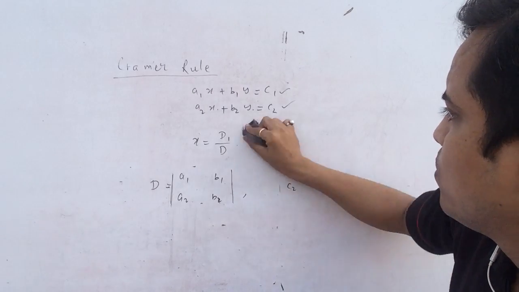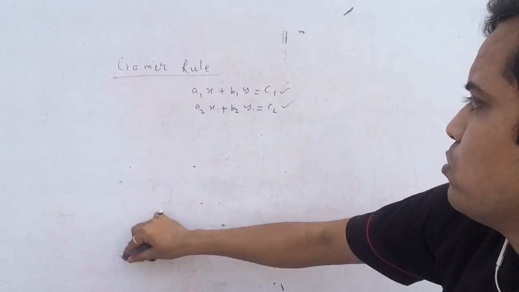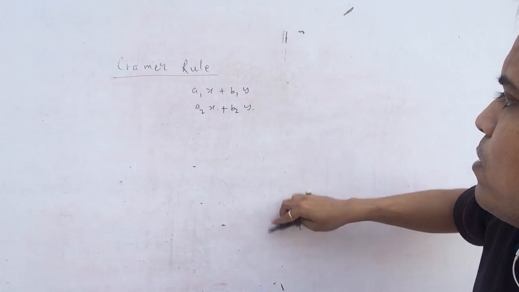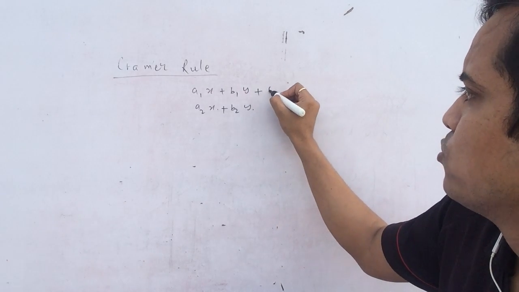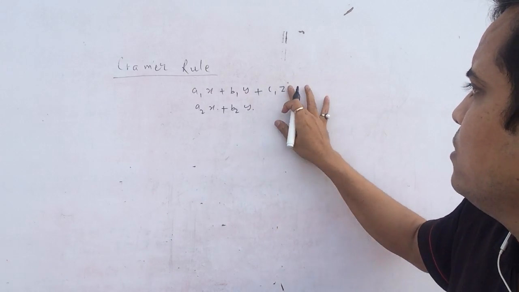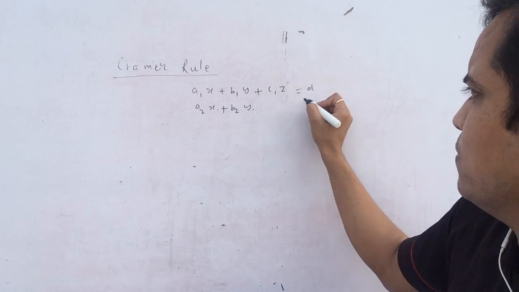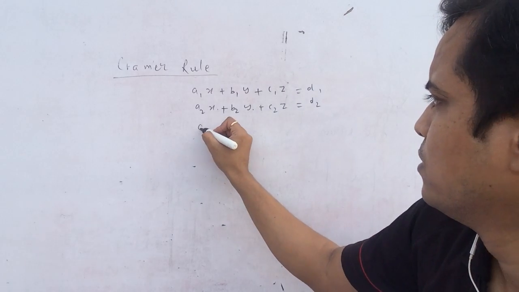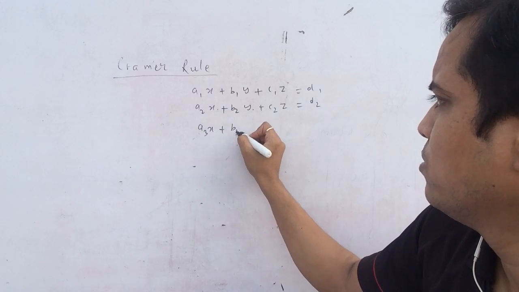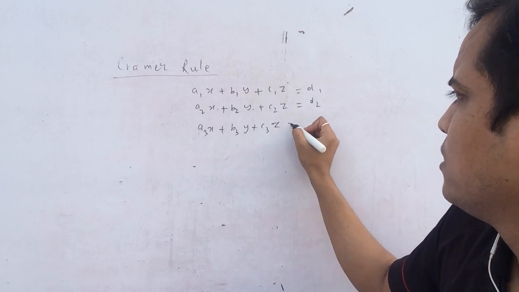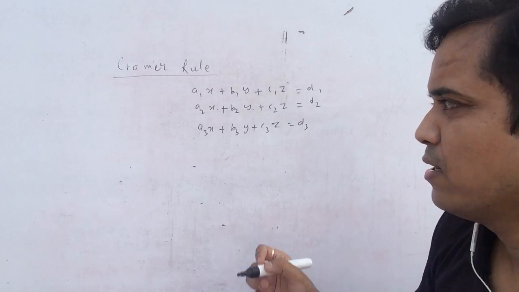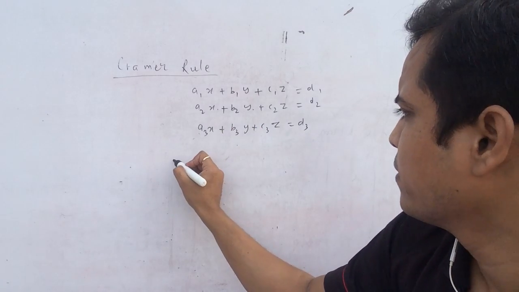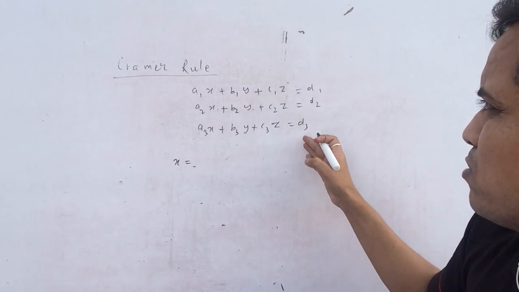Now we can also talk about the system of linear equations in 3 variables. We had 2 variables in this case, so we can talk about this like this: a1x plus b1y plus c1z equal to d1, a2x plus b2y plus c2z equal to d2, a3x plus b3y plus c3z equal to d3. Here you can also apply Cramer's rule.